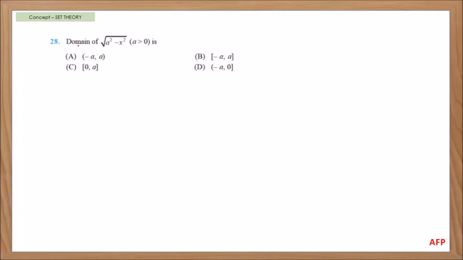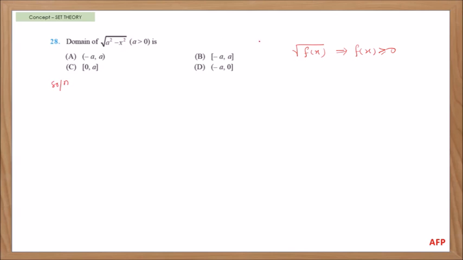Next question, the domain of the square root of a square minus x square. So if any function is under a square root, this indicates that the expression should be greater than or equal to 0. Using that idea we will find the domain.